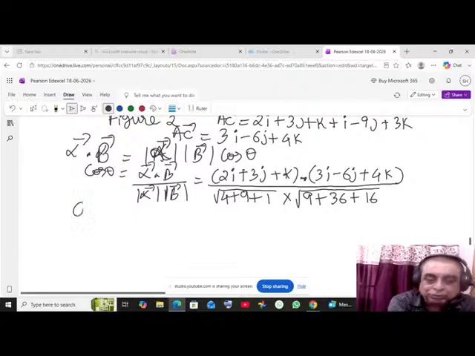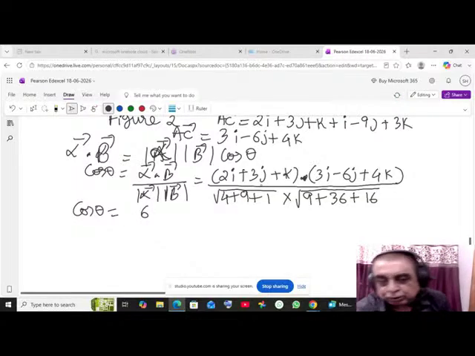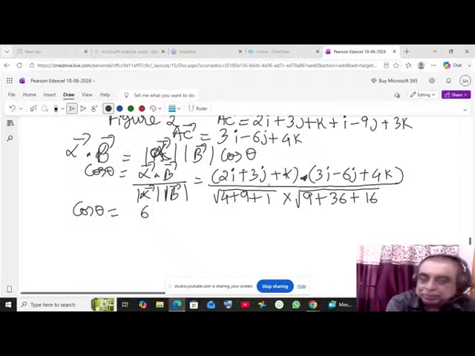So cos theta equals the dot product on top. Multiply the coefficients of i in alpha and beta, 2 times 3 is 6. Then the coefficients of j, 3 times minus 6 is minus 18.